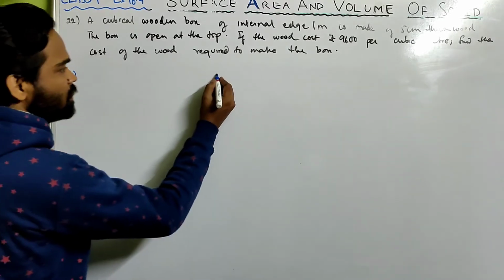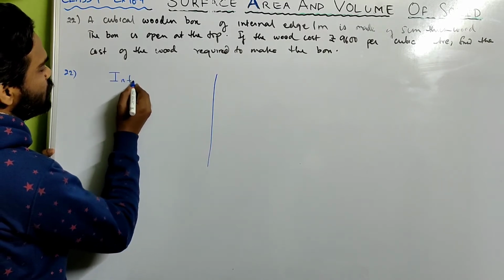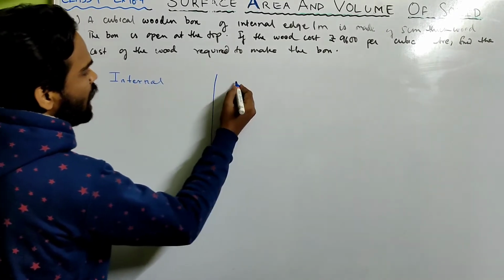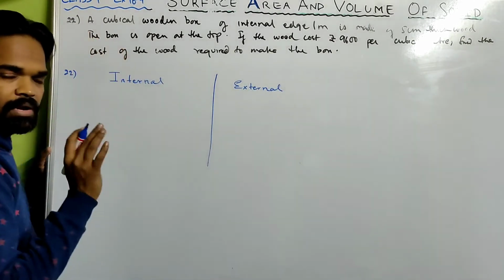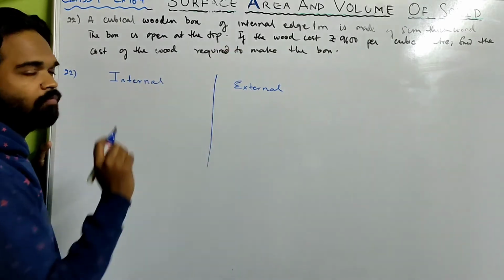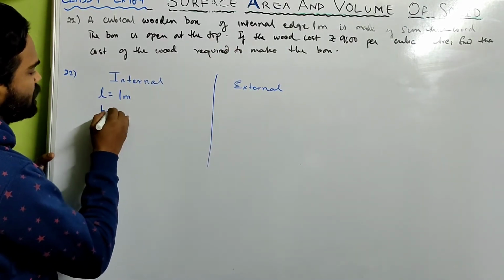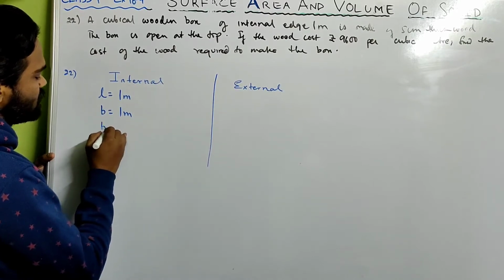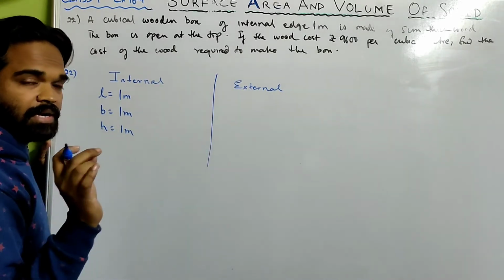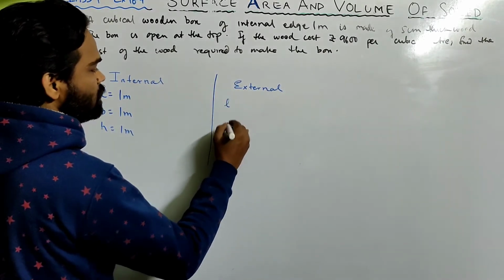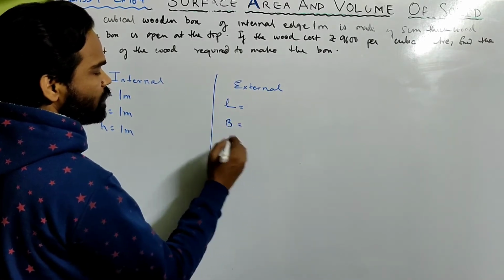Very simple. See, there are two things: internal dimension and external dimension. Isn't it? Internal dimension is a cube of 1 meter edge, which means length, breadth and height will be the same, 1 meter. But when you consider the external dimension, just look carefully.